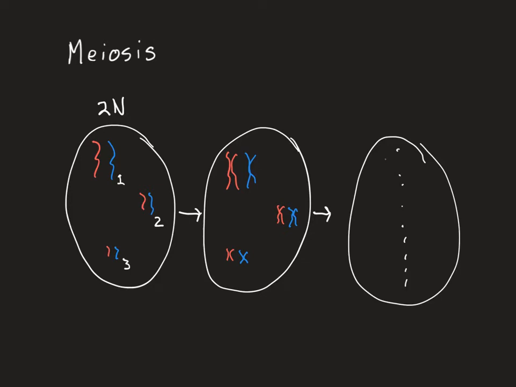Instead, we'll put the maternal DNA on this side. So there are the 3 chromosomes inherited from mom. And here's chromosome type 1 from dad, chromosome type 2 from dad, and chromosome type 3 that came from dad, lined up across from each other at the metaphase plate.